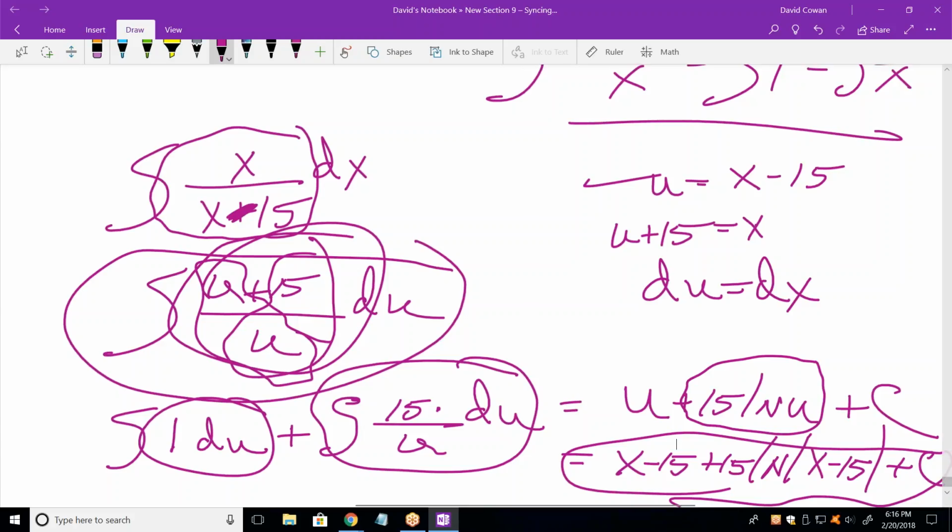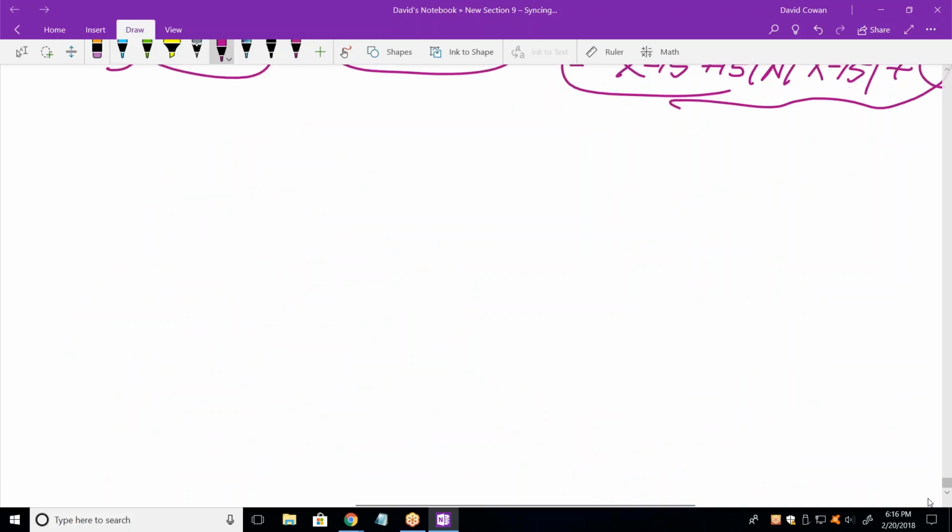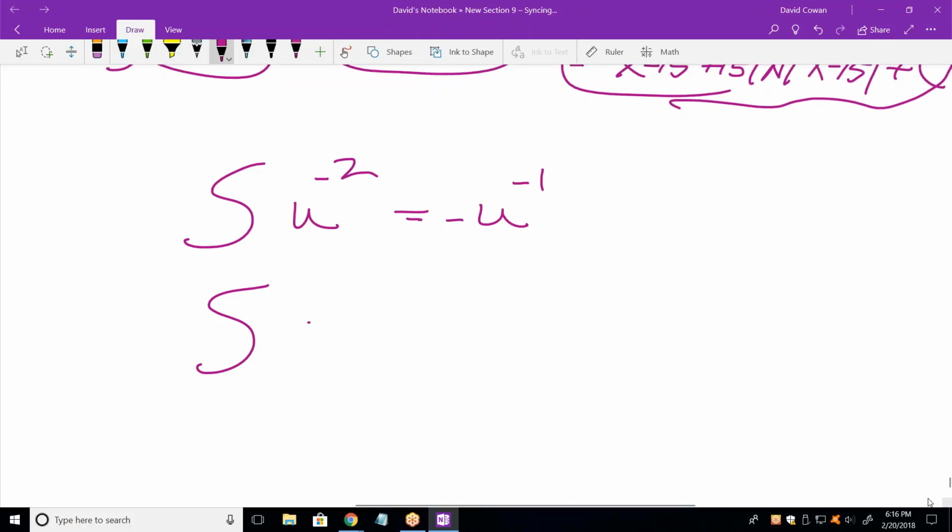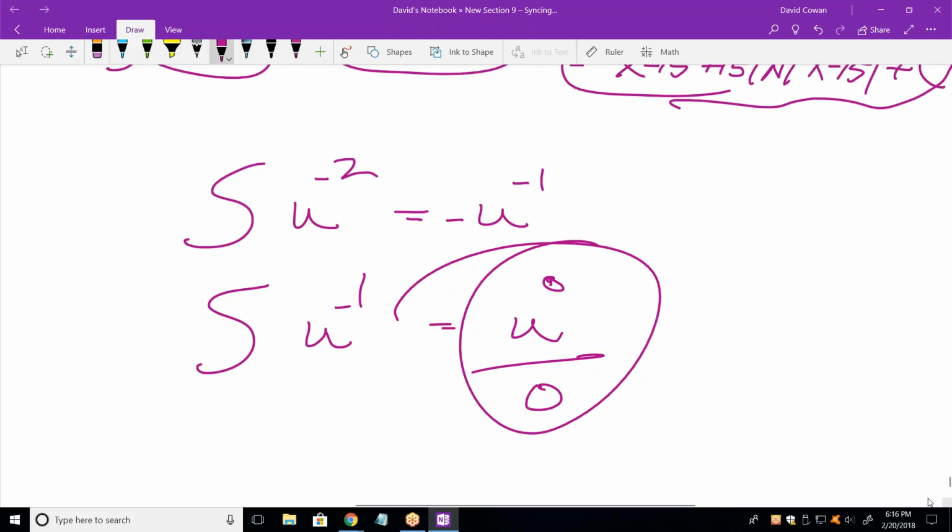You can't use the power rule on that. In other words, if I have this, I can use the power rule: add 1 to the exponent, divide by the new exponent. But if I have this, add 1 to the exponent, divide by the new exponent, big problems.